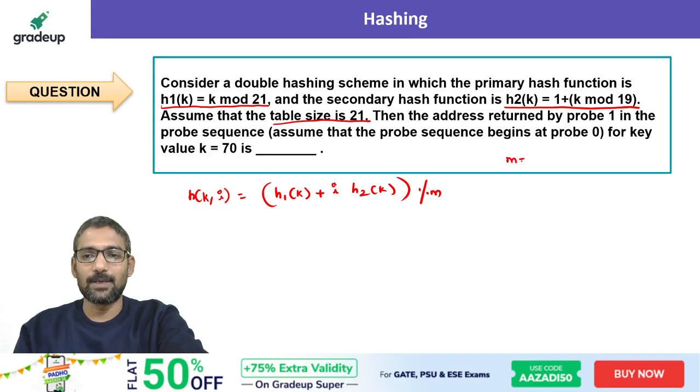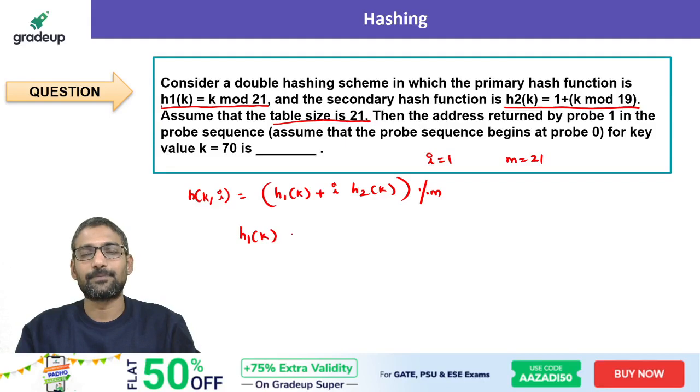Given m is equal to 21, i is equal to 1, the probe number. Now what would be h1 of k? That is k is 70 modulus 21. So 21 goes 3 times 63 and the remainder is 7.